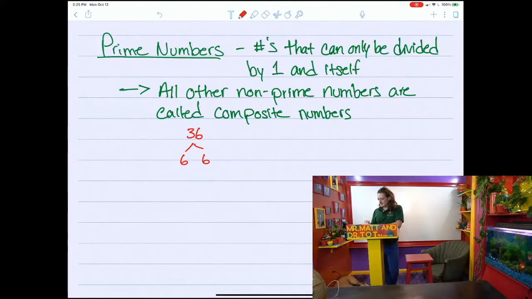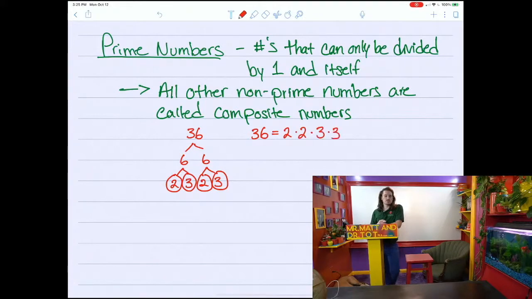If I divide 6 into its prime components, that's 2 times 3. 2 is prime and 3 is prime, so in my factor tree, I'm going to circle those ending values. You can think of 36 as the unique product combination of the prime factors 2 times 2 times 3 times 3.